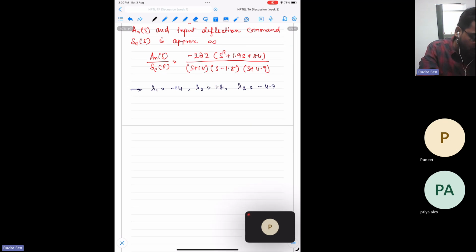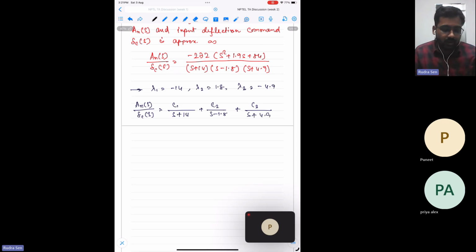Okay. So what we have to do is find out the C1, C2 and C3 values.